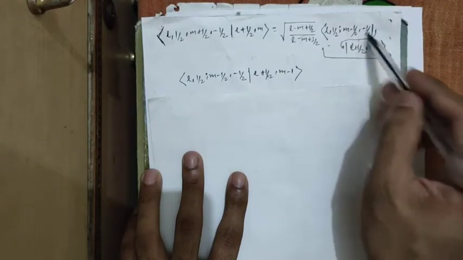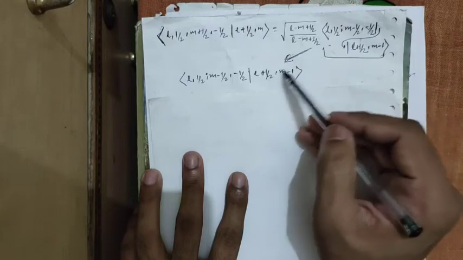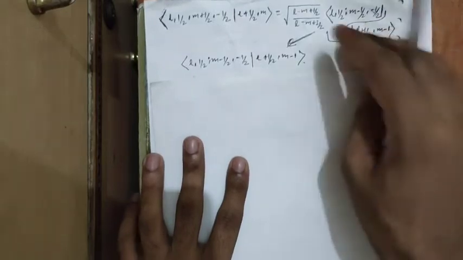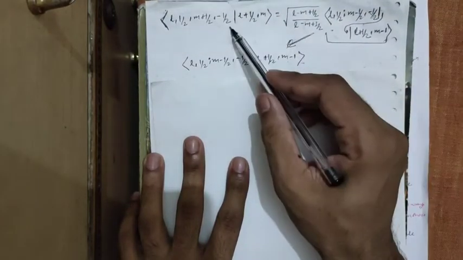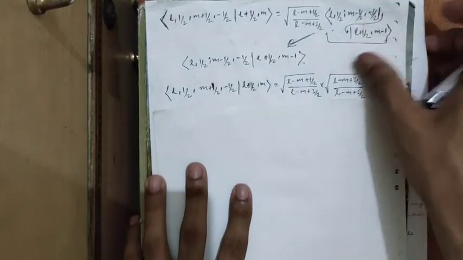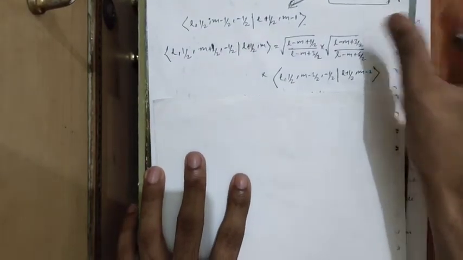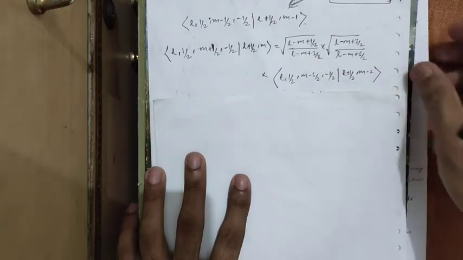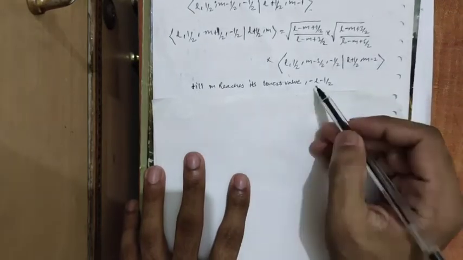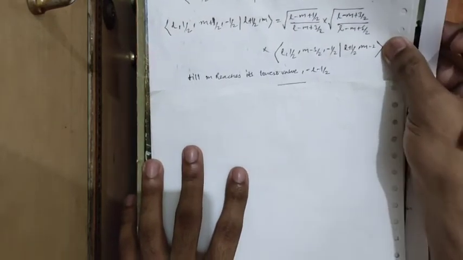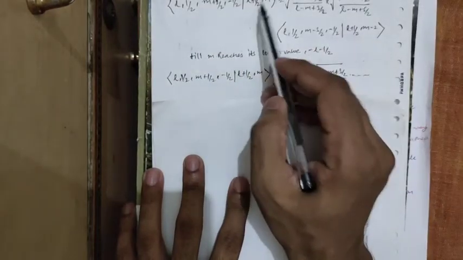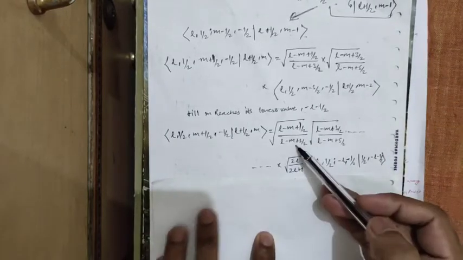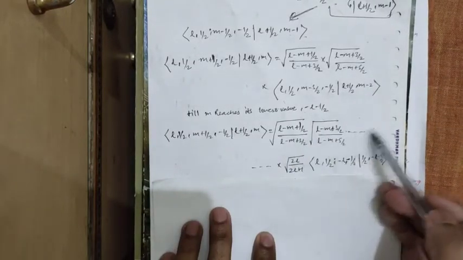Now to know the coefficient which I have written here, we again use that procedure, and we find that the value of this coefficient in terms of the next coefficient is equal to this. We keep on processing like this until we reach the minimum value of m, which is minus L minus half, and you can now see that these terms cancel out.